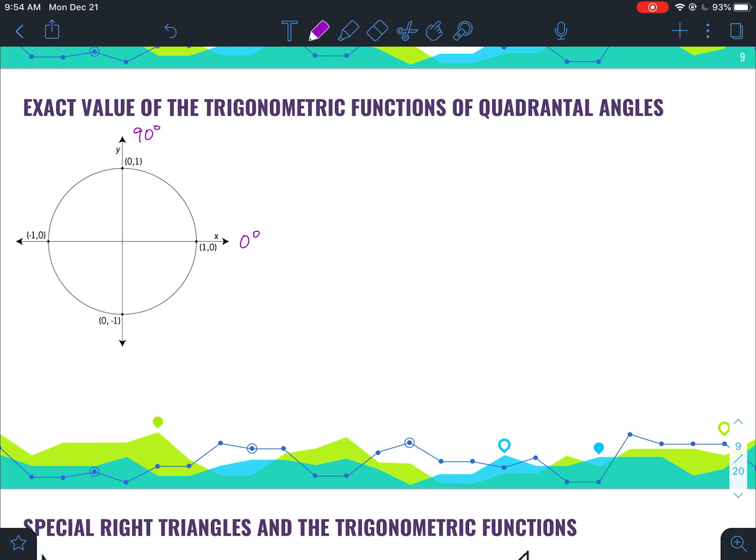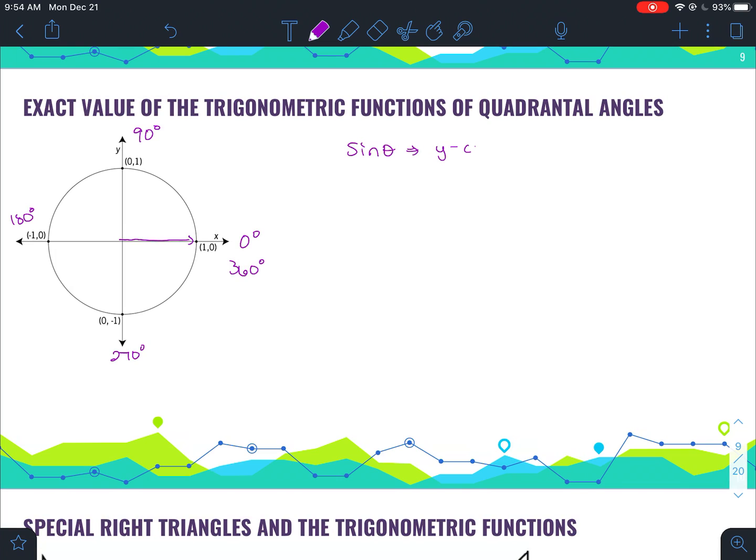All right. So the exact values of the trig functions of the quadrantal angles: 0 degrees, 90 degrees, 180 degrees, 270 degrees, and then 360 degrees. We've already done our special right triangles, which we'll review again in a second.